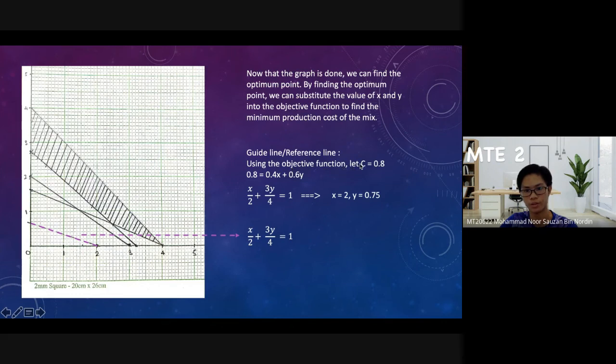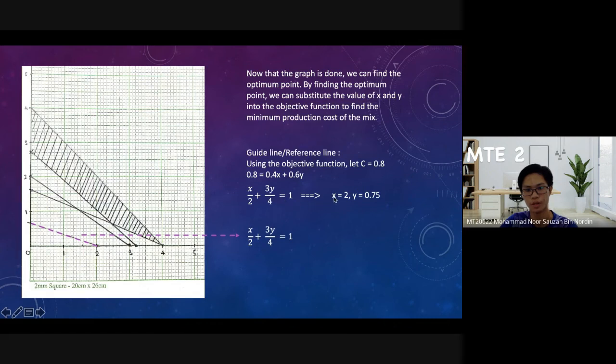We can let c equal 0.8 from the objective function earlier. So 0.8 equals 0.4x plus 0.6y. Basically, I just divided all of these by 0.8, and I will get x over 2 plus 3y over 4 equals 1.